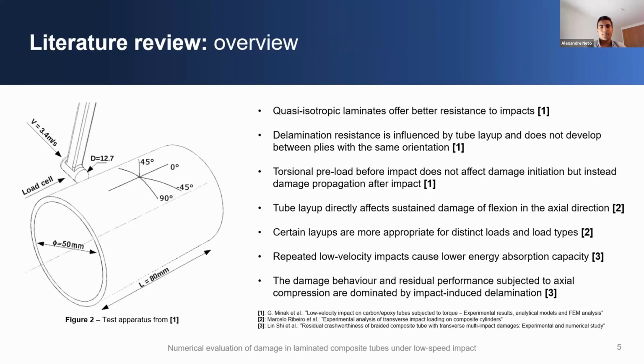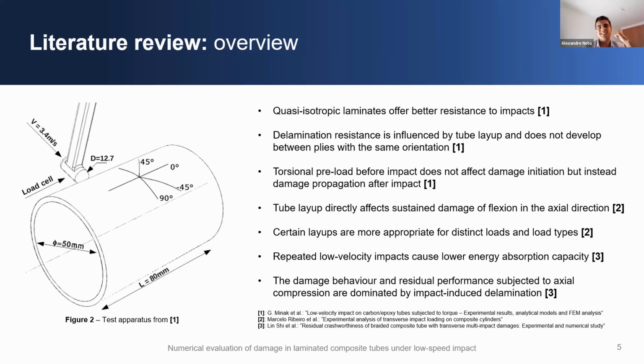Okay, so as for what other authors have done, one of the differences in my work is that I will use a vertical drop weight test apparatus instead of a drop hammer test, as you can see in figure 2 here, used by author number 1. Other important conclusions by authors are listed here on the right, but I will be mainly focusing on the following.